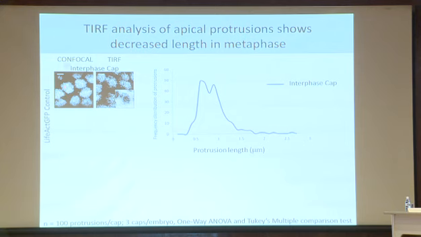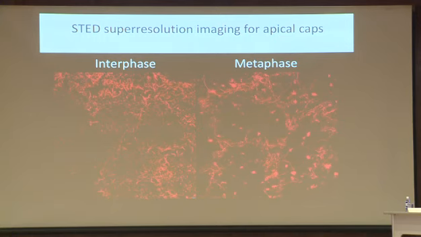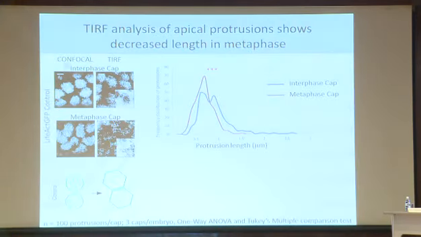Another way of studying this remodeling is the turf, and what we see is that, for example, there is a protrusion length which comes up in this phase, in two phases almost, in interphase, and there are really long filaments also which are present, whereas in metaphase, where there was this clearing which is seen, and just a loss of these protrusions on the membrane, what we see is that there is a shift of the size to shorter filaments.